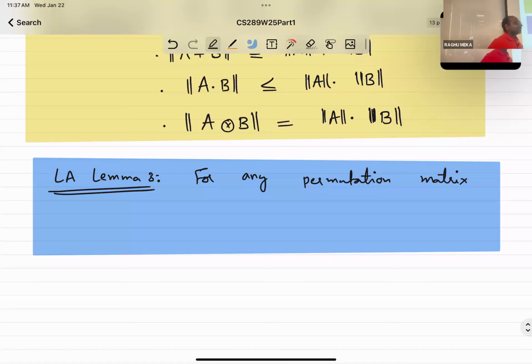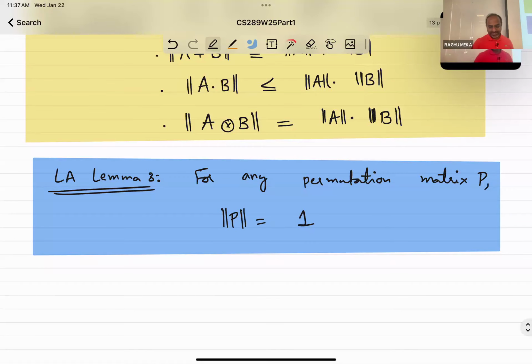Every column also has a single one and everything else is zero. Okay. For every permutation matrix P, its spectral norm is actually just one. One way to prove it is to show that permuting rows and columns doesn't change the spectral norm. And if you take the identity, then all the eigenvalues are one, so it's exactly one.